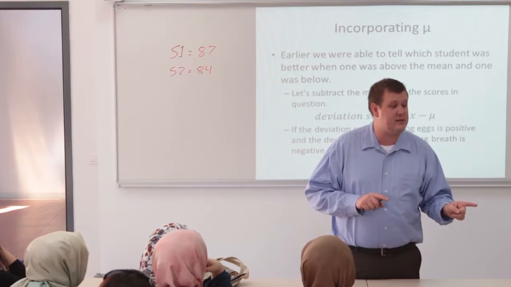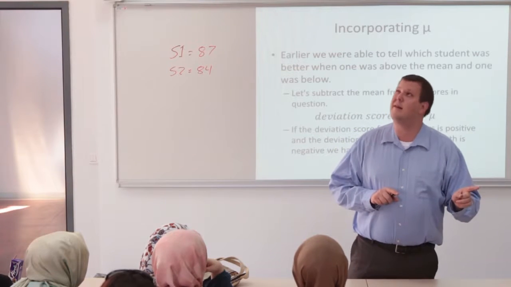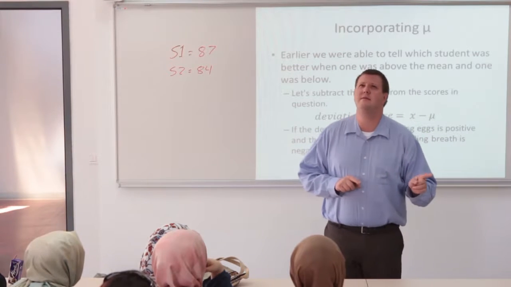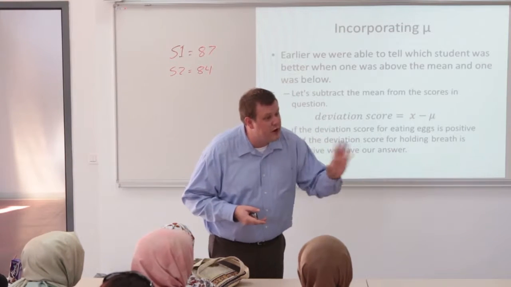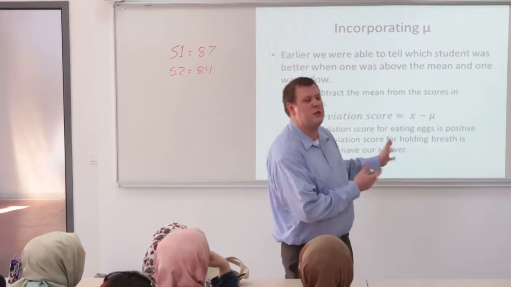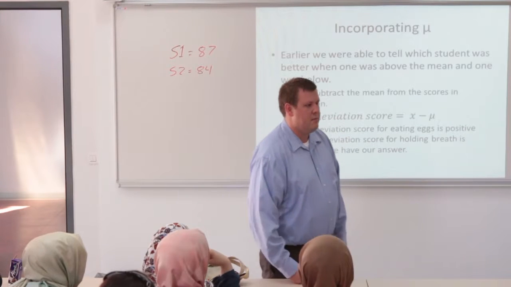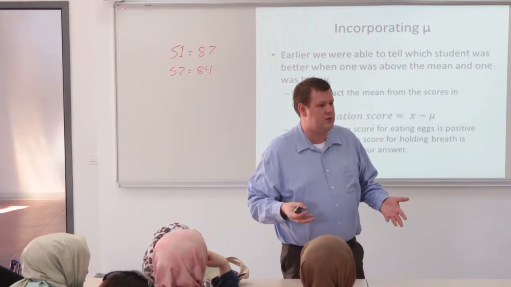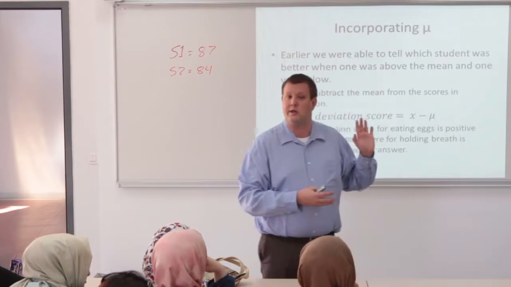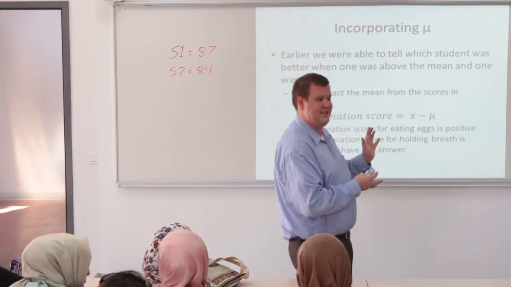This is not always the case, and we'll see, not next class, after the test, how we can estimate the mean if we don't have it. And then we'll be able to do this anyway. Okay? But this is a good point that she's making. If we don't know what the mean is, we're going to be in trouble. So for the examples that I give you, I will tell you what the mean is.